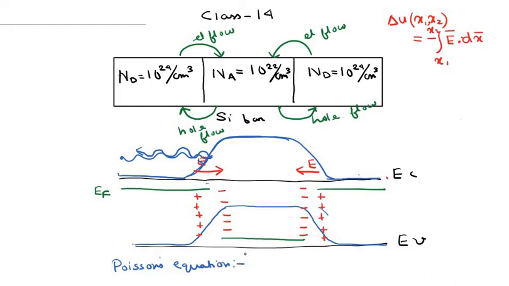So Poisson's equation, and what does it tell? This is a function of R, so let me just write it here. This is a dot product actually.